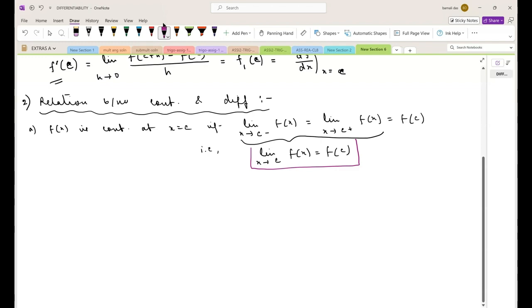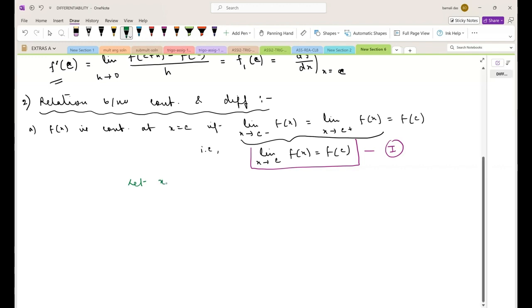Now, suppose this definition I number it 1. I want to give you an alternative definition. You know all this.